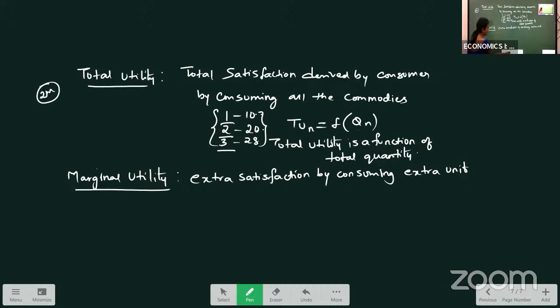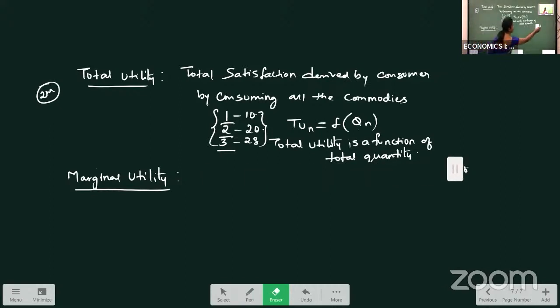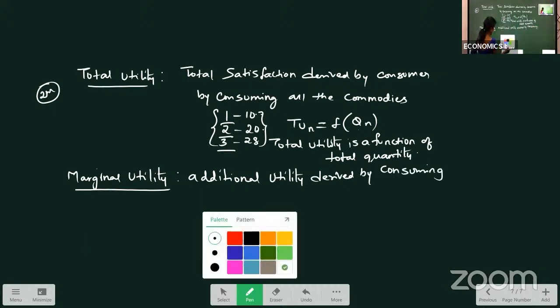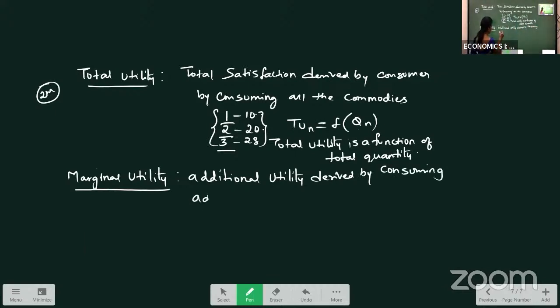So for your understanding, I said extra. But when you are writing your answer, you have to write: additional utility derived by consuming an additional unit.